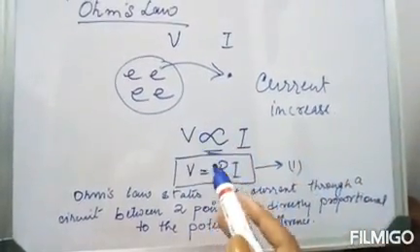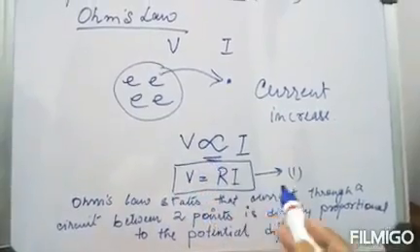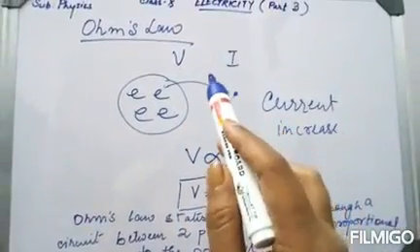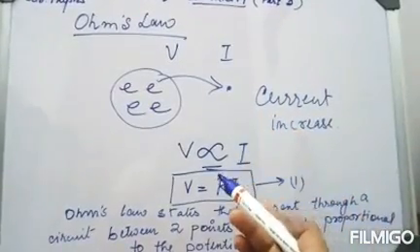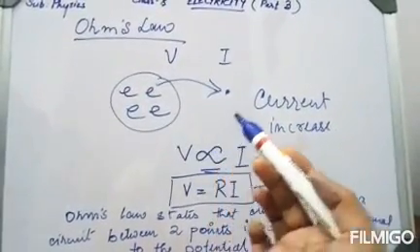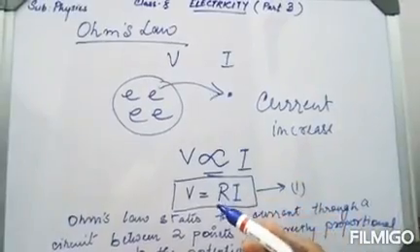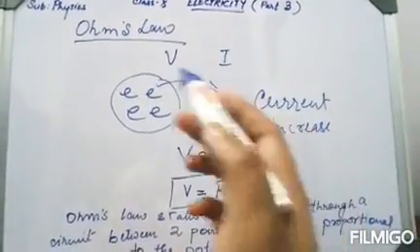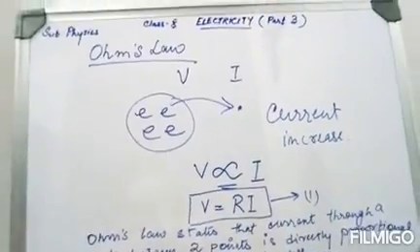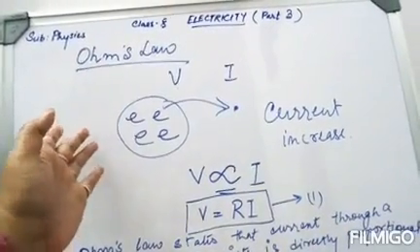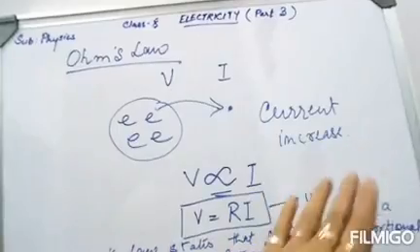So again I am explaining Ohm's law. Ohm's law deals with three terms: one is potential difference, one is current, and one is resistance, and we are talking about the connection between all these three. So more is the work done to bring one charge to one point, more is the current flowing.